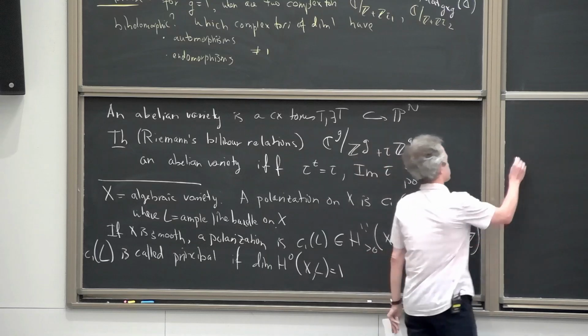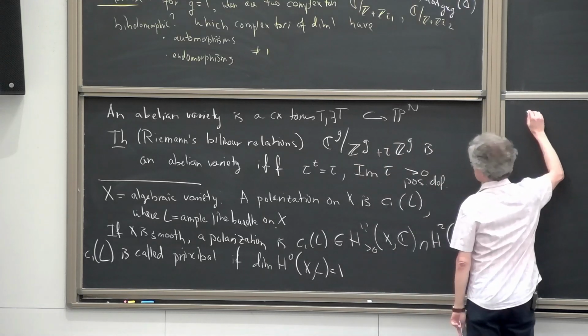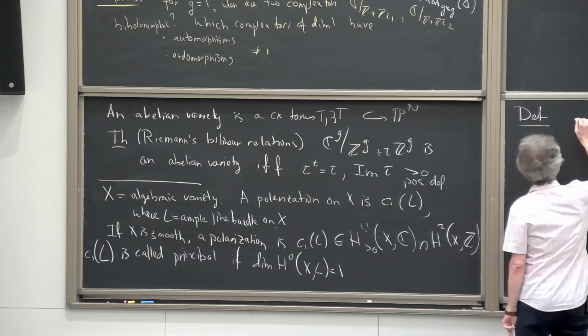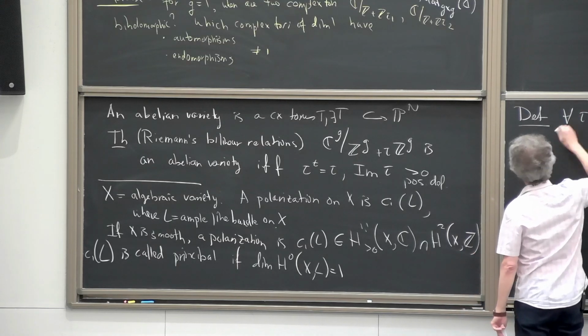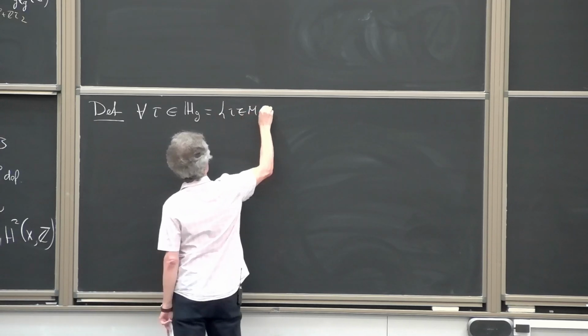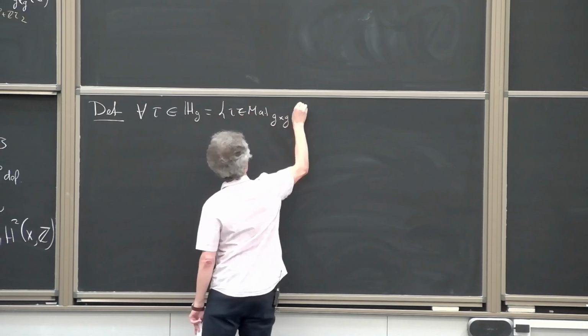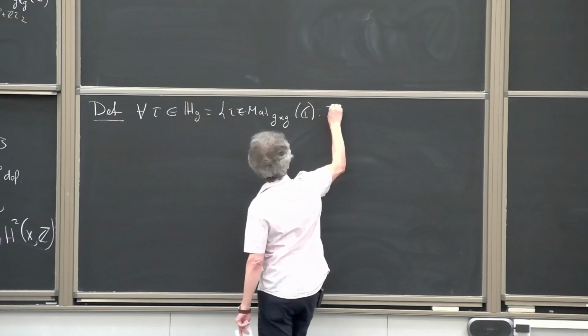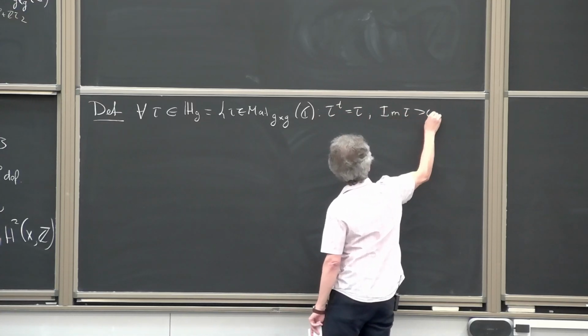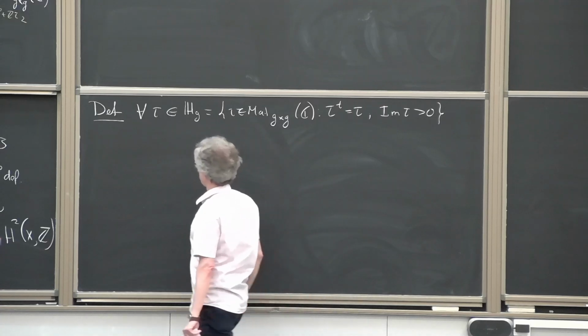So, definition. For any tau in the Siegel space, this is what I wrote last time also, these are g by g complex matrices satisfying the condition that they're symmetric and positive definite.